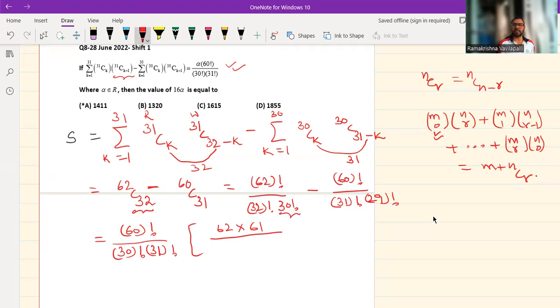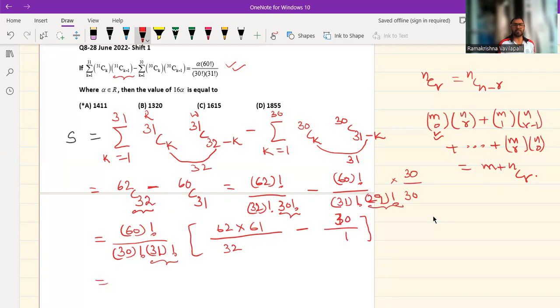This 32 factorial can be written as 32 into 31 factorial; 31 factorial is brought outside. So this is 32 minus here 1. Here we have only 29 factorial, so you multiply 30 by 30 and you will get here 30 by 1.